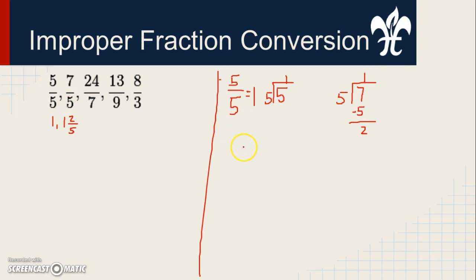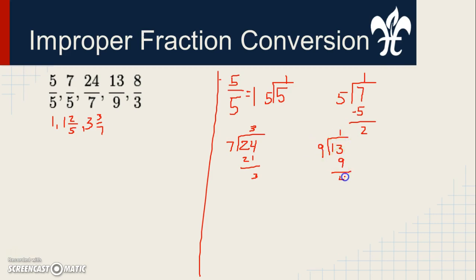Let's do the same thing with 24/7. So 24/7. 7 goes in there 3 times. That's 21. I subtract 21 from 24 and I get 3. So I have 3 and 3/7. Same thing with 13/9. 9 goes in there once.